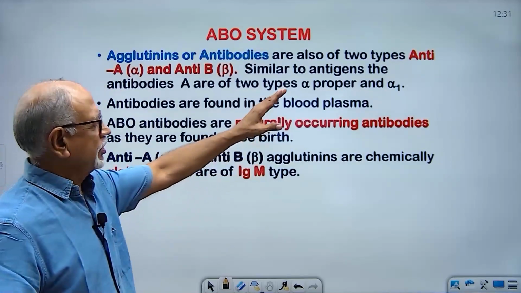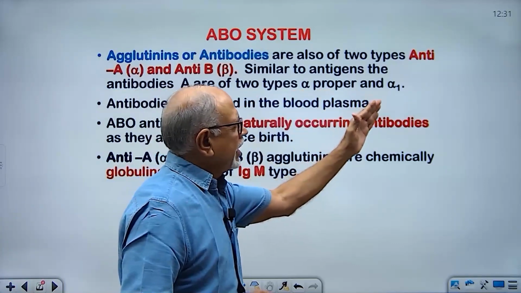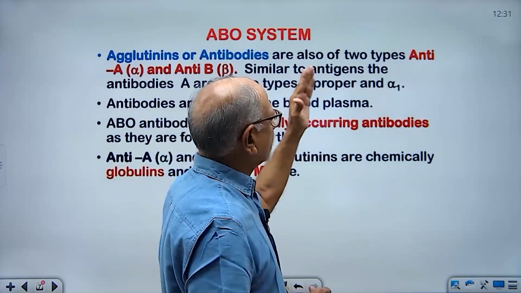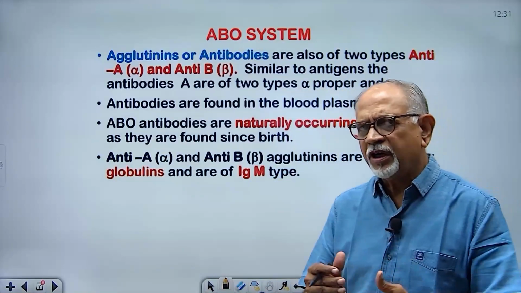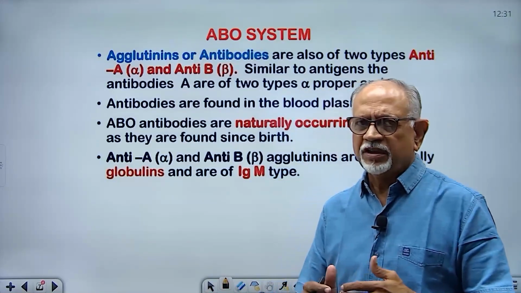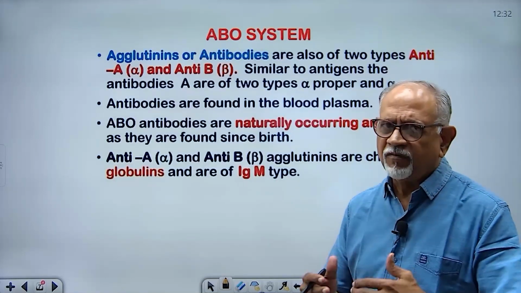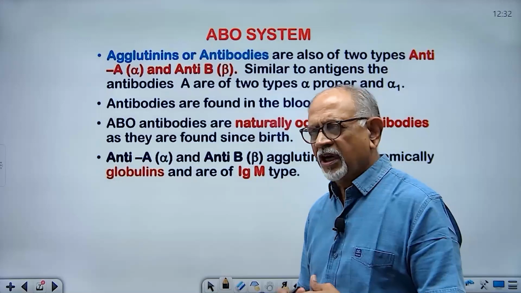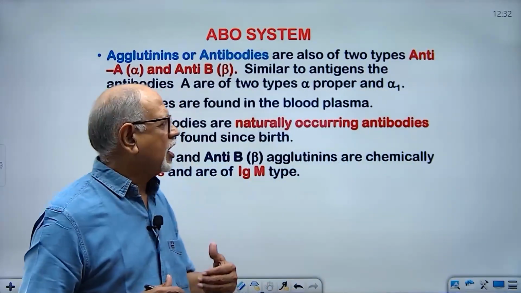One is A proper and another is A1, or alpha proper and alpha 1. Now, just to avoid confusion in these alphabets, for antibody alpha and beta is used, and for antigens capital A and capital B are used.